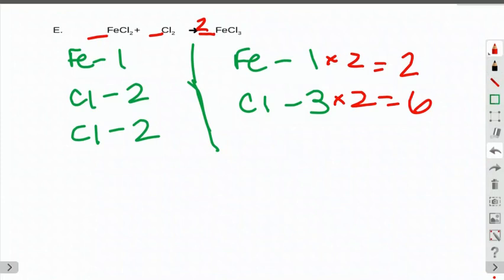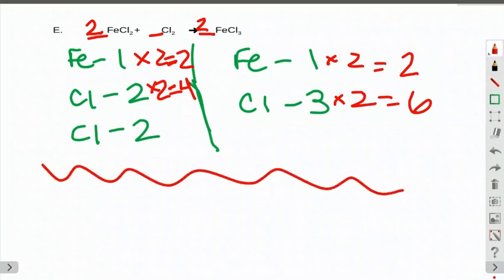So if we add another coefficient, a 2, to balance out the irons, because we need to make them equal on that side, we now will have 2 irons and 4 chlorines. Now we can take a look to see if all of our atoms will balance out by adding those 2 coefficients.